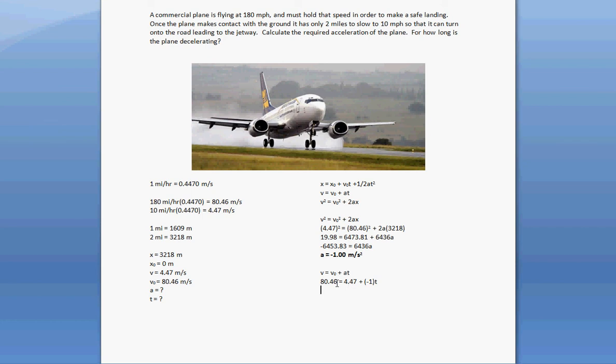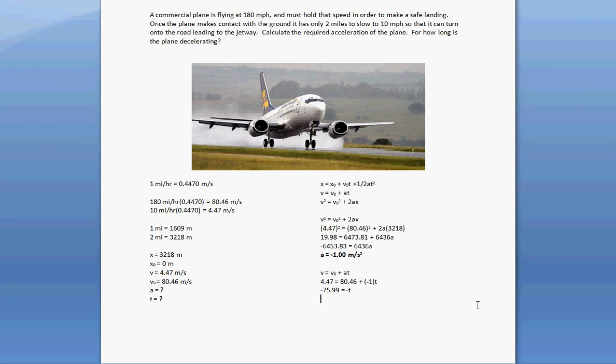So subtracting this from both sides, oh whoops, I have these backwards. This is our final velocity, was the smaller velocity, and this 80.46, that was the starting velocity because we went from fast to slow. So subtracting, you're going to get negative 75.99 is equal to negative t.